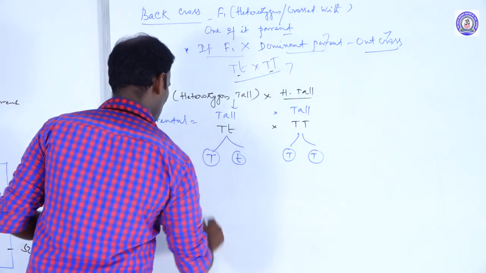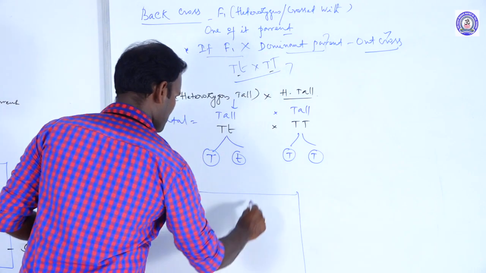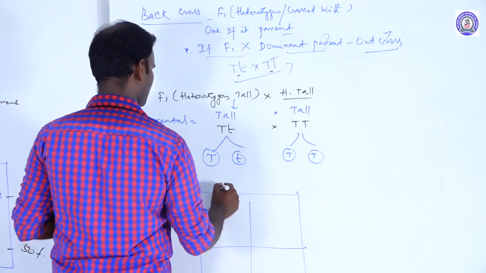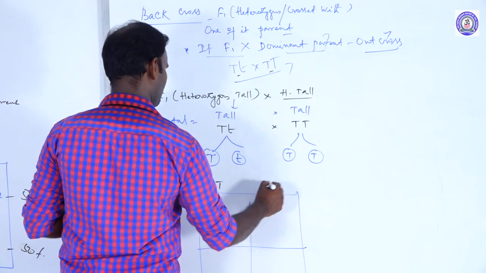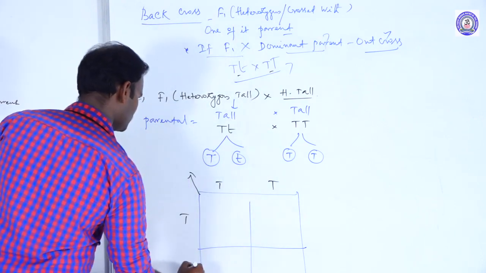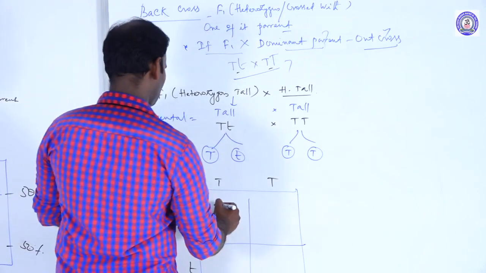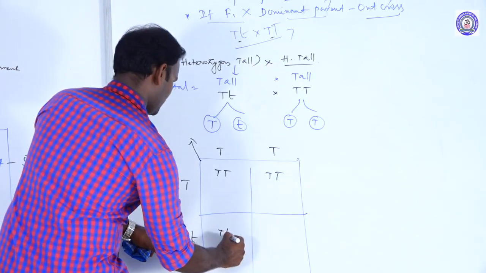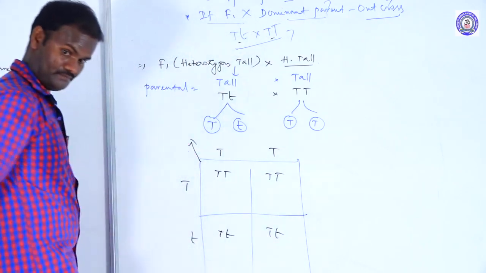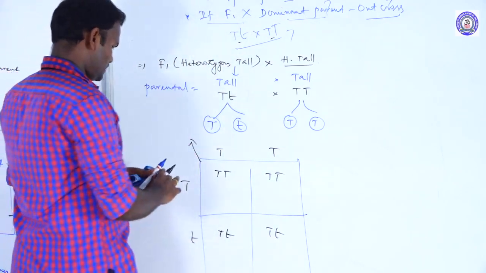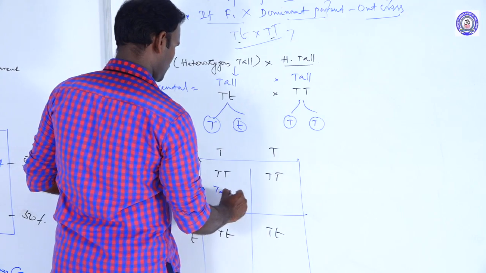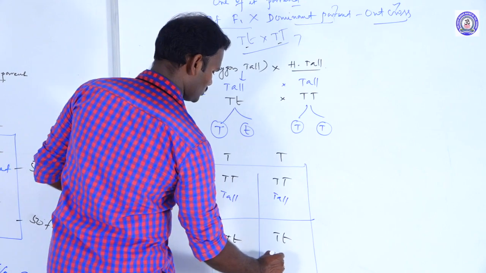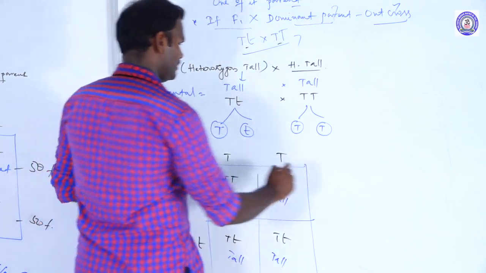If you plot the Punnett square: capital T capital T, capital T small t, capital T capital T, capital T small t. All are tall.